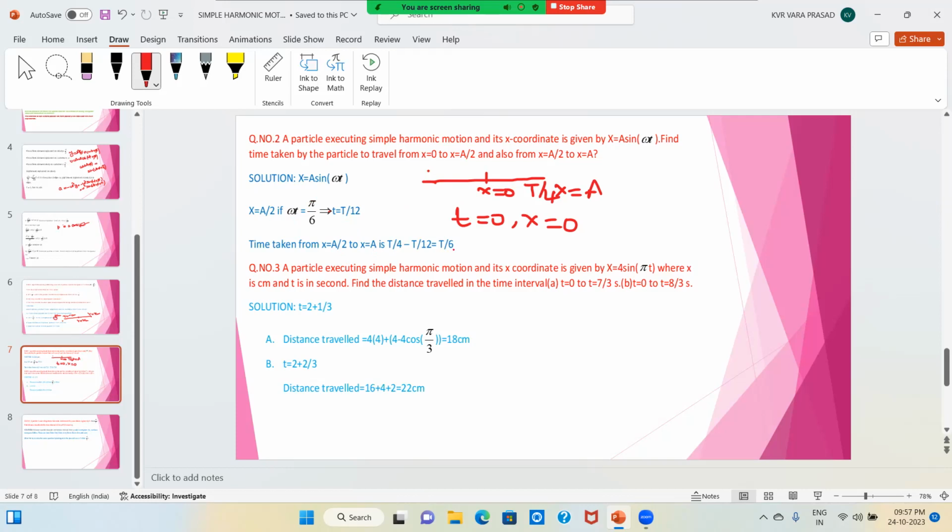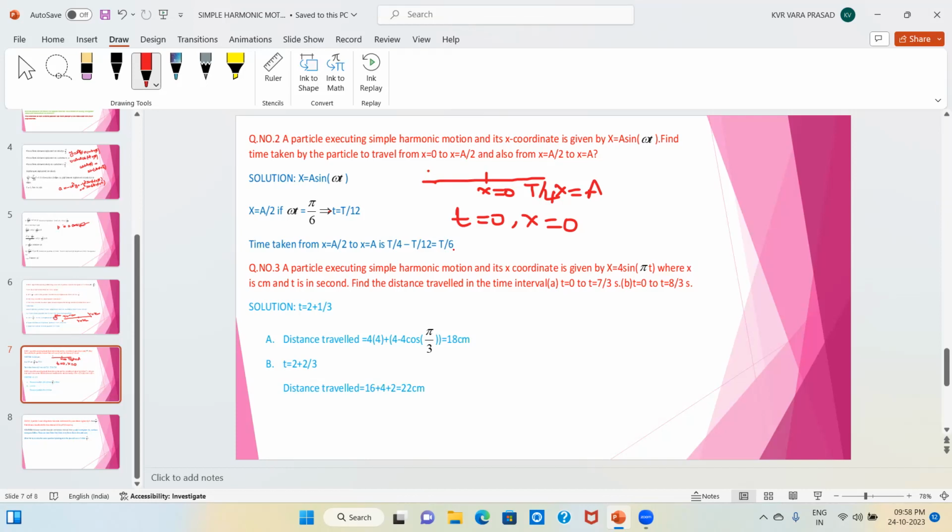And if you observe, the time taken to travel from x equal to 0 to x equal to a by 2 is less compared to a by 2 to a. The reason is that while traveling from mean position to right extreme, speed keeps on decreasing. That's why it covers the first half of the distance in less time than the remaining half.